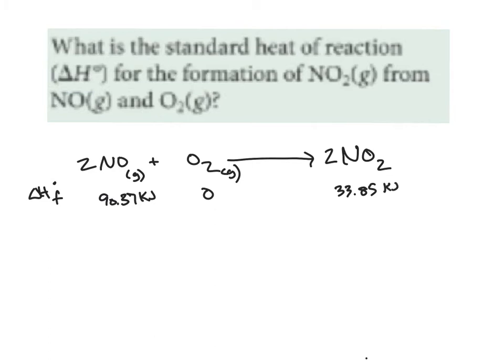So from the equation that we were introduced to at the beginning, you take the sum of all of the products. So in this case, this is the only product, but there are 2 of them.